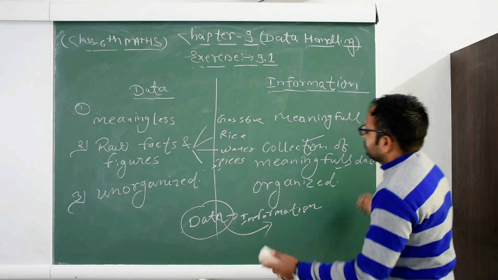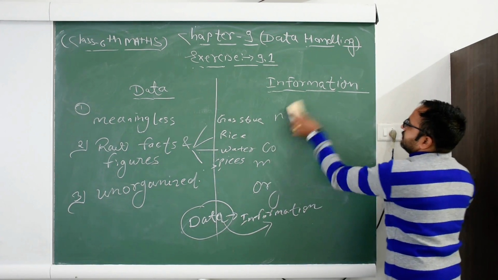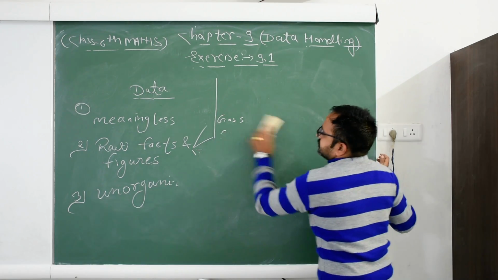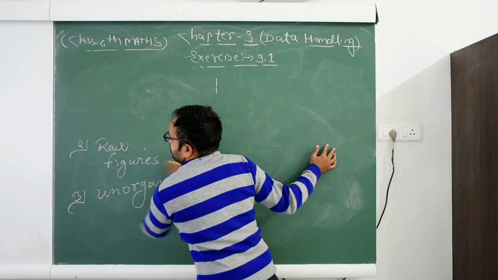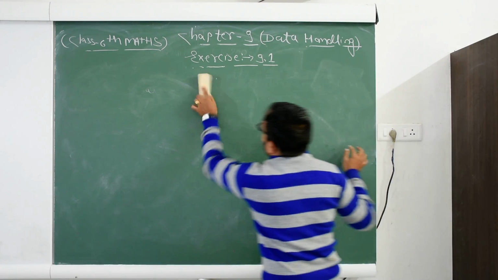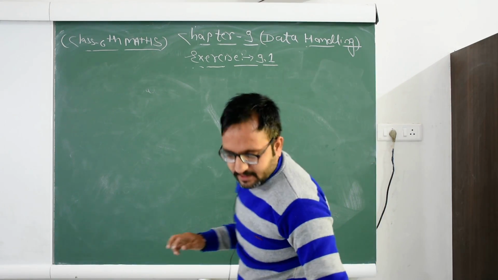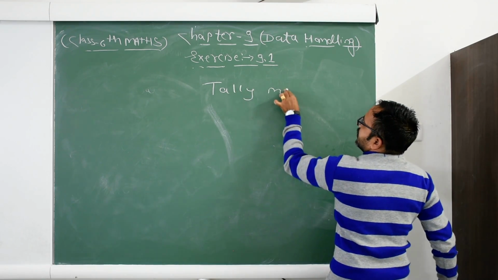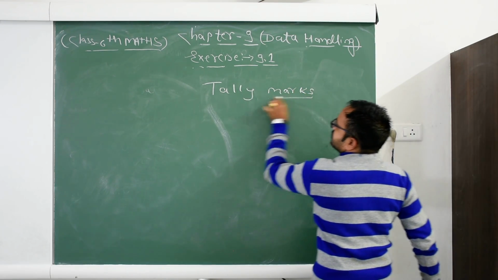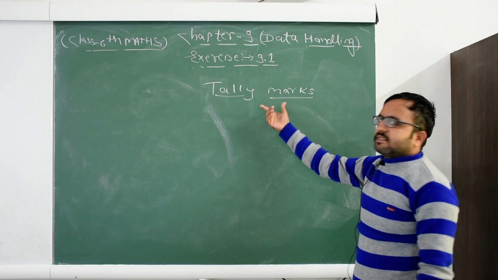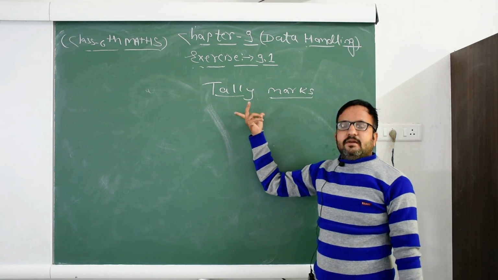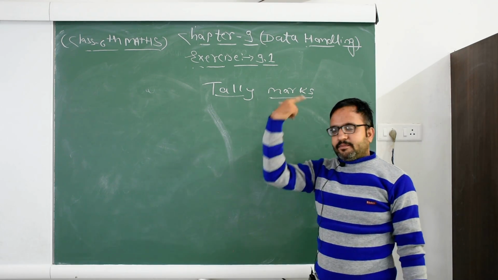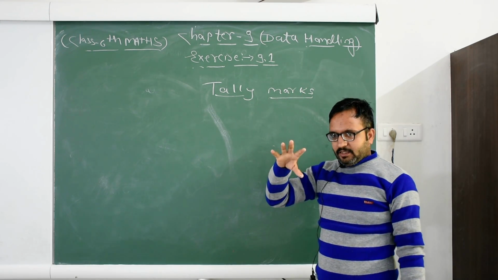Now your next topic is telemarks. This is a method to denote any type of number, like Roman numerals, which we already discussed in previous classes.